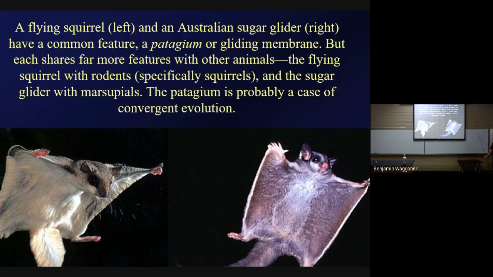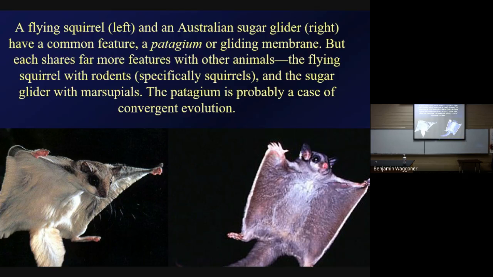On the right, that's an Australian mammal that also has a gliding membrane connecting its wrists and its ankles. This one's called a sugar glider. And they both climb up trees and then can glide down. They fly, body shape is very much the same. Flight capabilities are very much the same. That gliding membrane actually has a name. It's called the patagium.